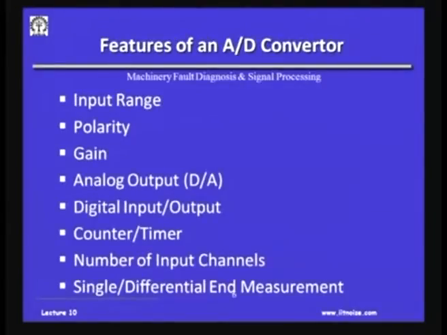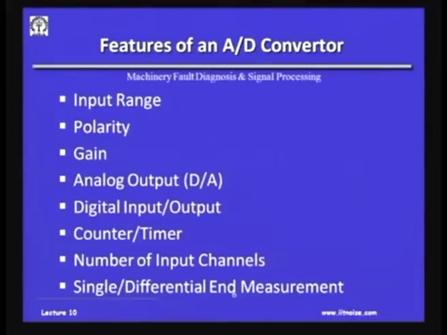So, what are the features of an A to D converter? We need to know them so that we can have the proper specifications of the A to D card to be used in our machineries, so that we can very faithfully collect the analog data, do the analysis and do the interpretation about the machine's health.